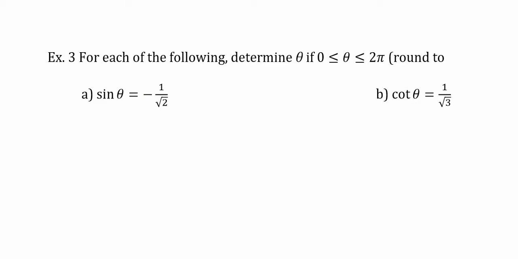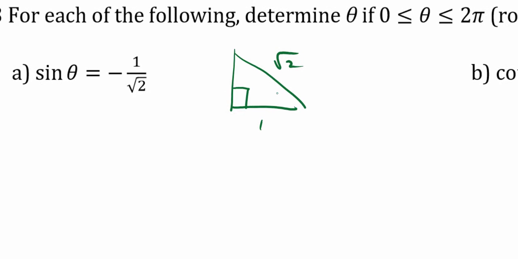Yeah, which triangle we're in. Remember when I said you could always be drawing it? So let's draw it. There's my 1, there's my root 2. So this is pi by 4, because it's that triangle, right? And that's my related angle.